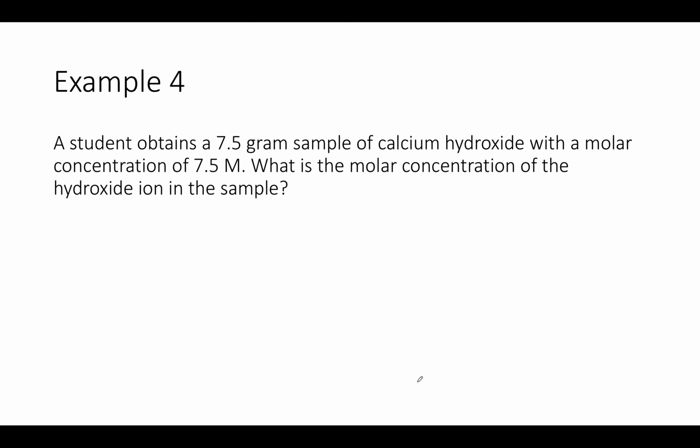A student obtains a 7.5 gram sample of calcium hydroxide with a molar concentration of 7.5 molar. What's the molar concentration of the hydroxide ion in the sample? Okay, well, let's look at calcium hydroxide. Calcium hydroxide is Ca(OH)2. Calcium has a +2 charge.